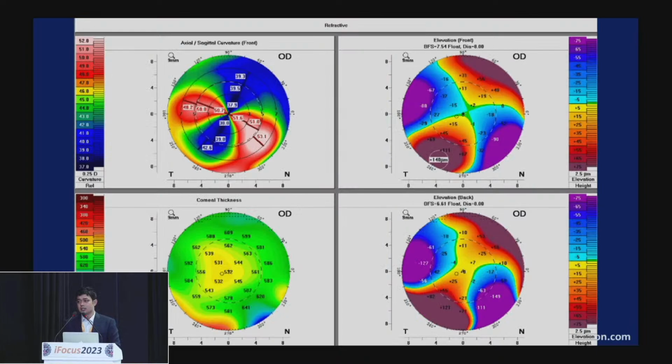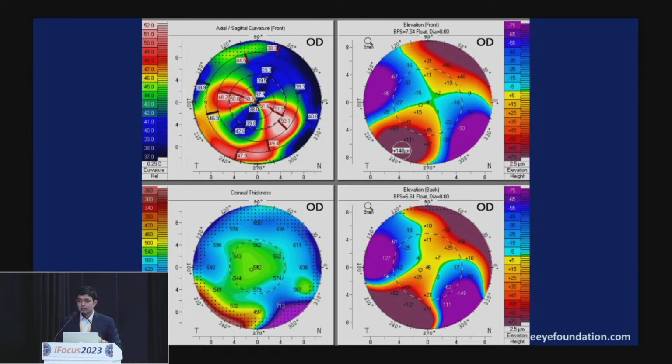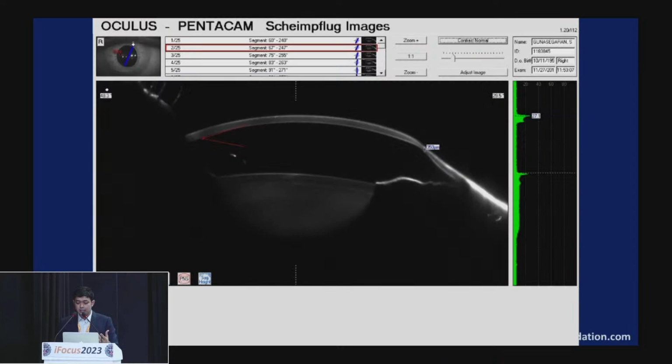But in certain conditions, like pellucid, where you want a greater amount of data from the periphery, these peripheral data points are useful, and you can even go into the individual Scheimpflug images and measure the pachymetry in those individual scans, because it is the sum total of the Scheimpflug images which is given to you in your color representation in the quad map.